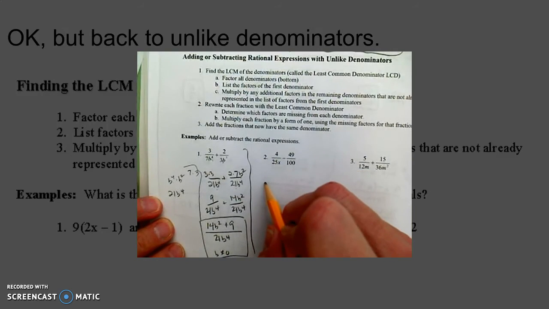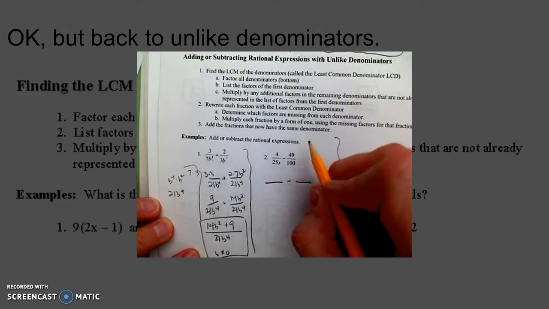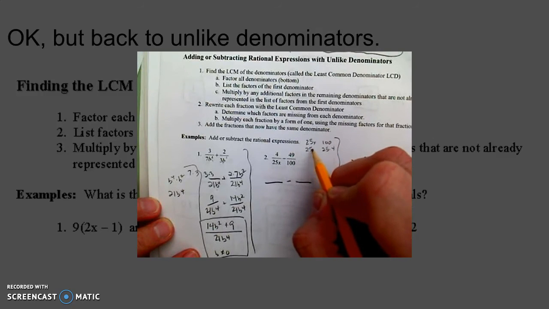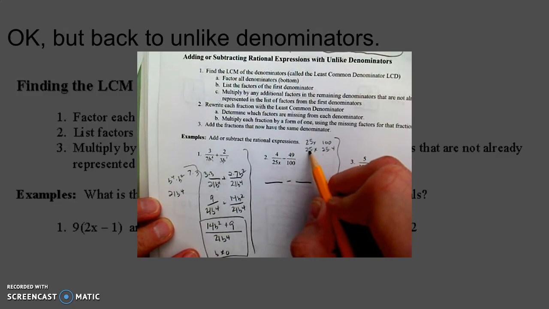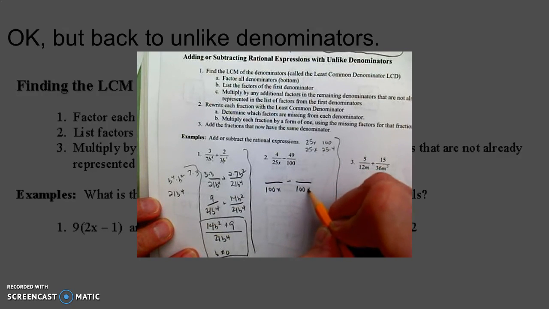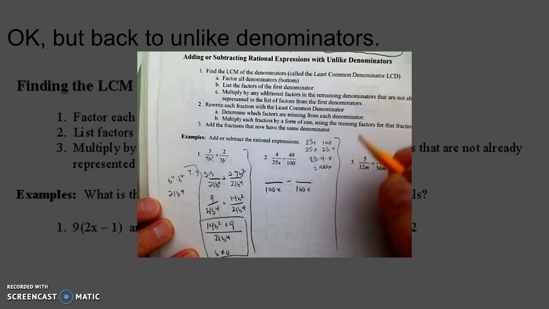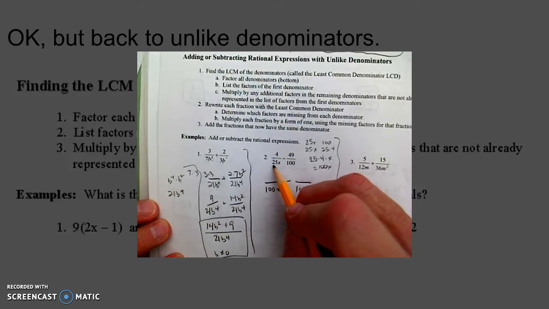Okay, let's look at another one. I have 25x, and I have 100, which is 25 times 4. So my LCM is going to have a 25, an x, and a 4. That's 100x. All right. 25, to get to 100x, I need to multiply by 4.